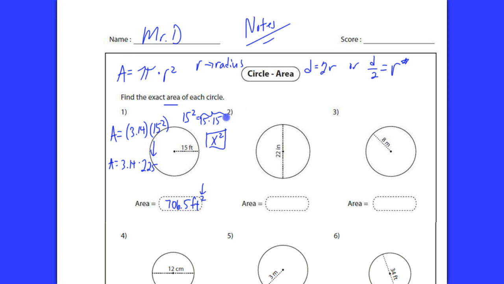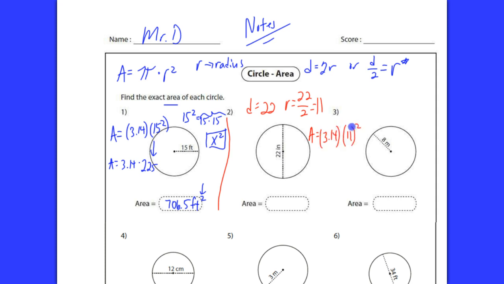Let's take a look at number 2. What they've done here is they've given us the diameter is equal to 22. If the diameter is 22, that means the radius is equal to 22 divided by 2, which is 11. If the radius is 11, we're going to find the area. We're still finding area here. The area is going to be 3.14, that's pi, times 11 squared.